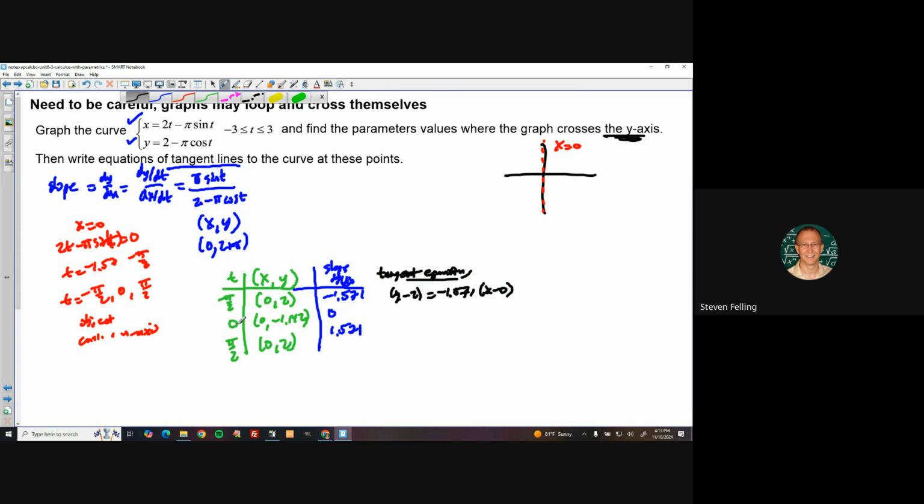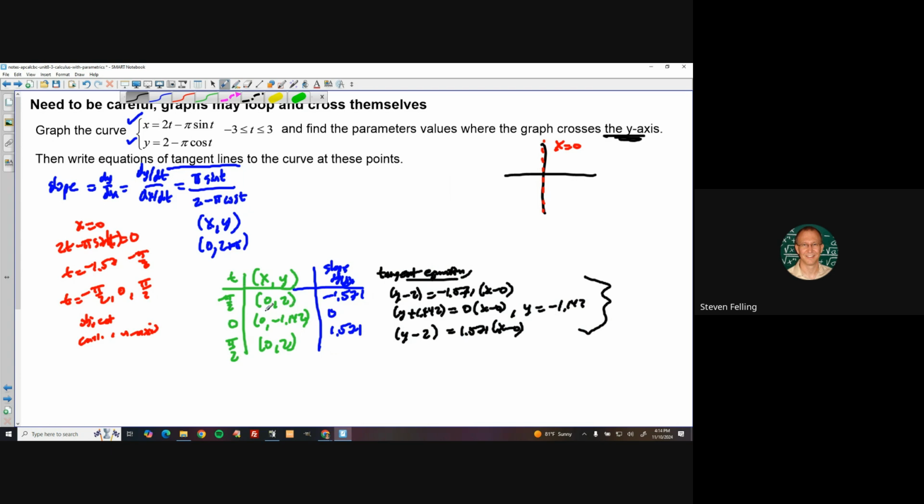For this location at t equals 0, we would have y plus 1.142 equals 0 for the slope times x minus 0, which would therefore just be the line y equals negative 1.142. And then this tangent line would be y minus 2 equals the slope of positive 1.57 times x minus 0. So 3 unique tangent lines at these points.